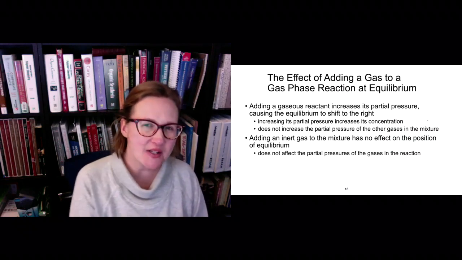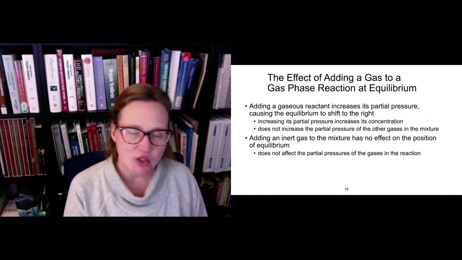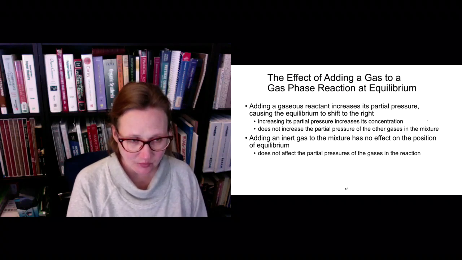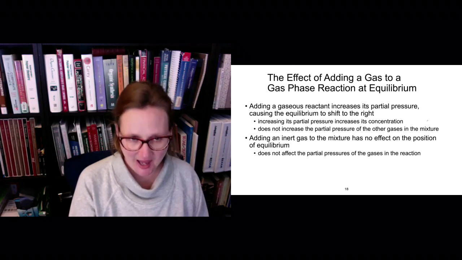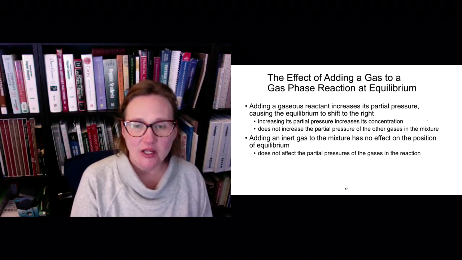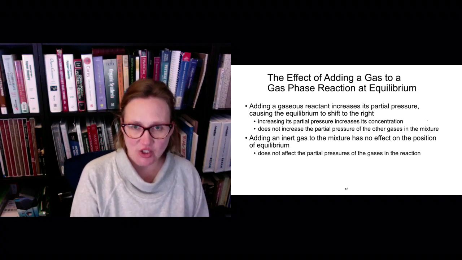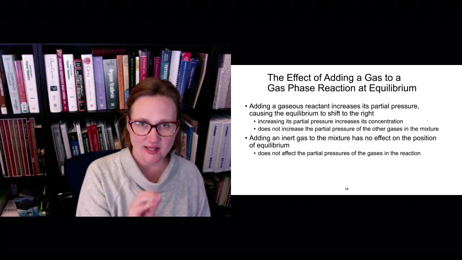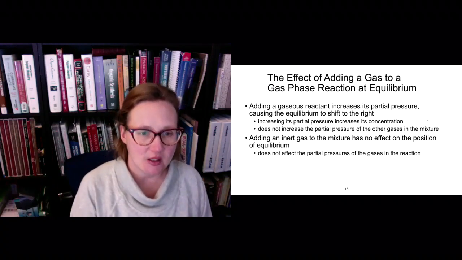Okay, so how does this work for a gas? Remember, we're going to use gases in our equilibrium expressions as partial pressures. So if we're adding in more gas reactant, increasing the partial pressure, that equilibrium is going to shift to the right towards the product. Think of it as adding a reactant so that we now shift to the product.